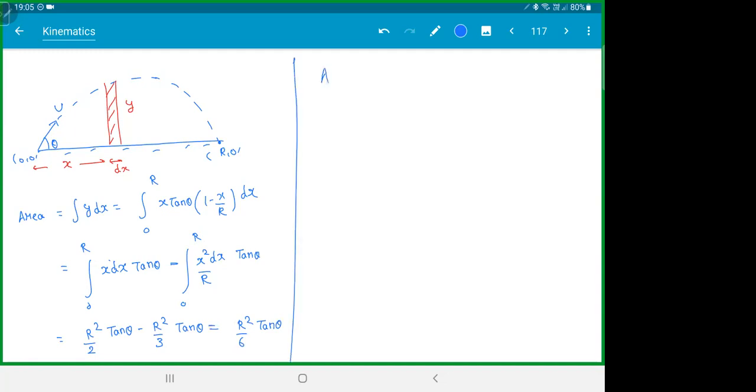So what we got, area for a given theta is R square by 6 tan theta.